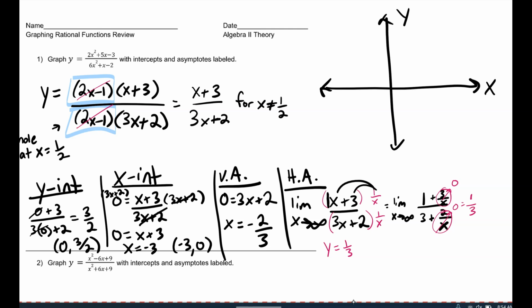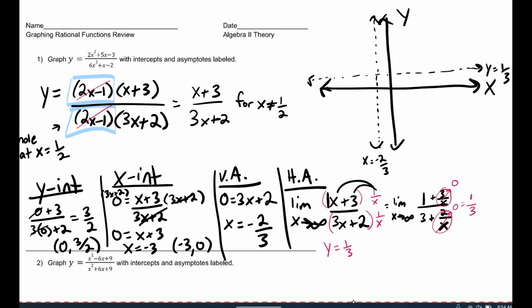So I'm going to start by putting up a barrier right there, because I know there's going to be a vertical asymptote at x equals negative 2/3. And I know there's going to be a horizontal asymptote at y equals 1/3. So it's positive, a little bit above the x-axis there.